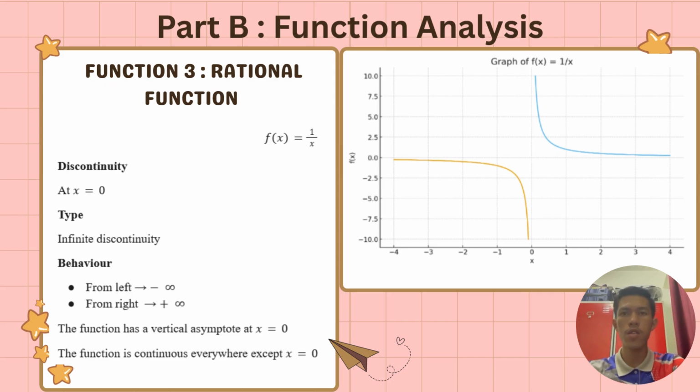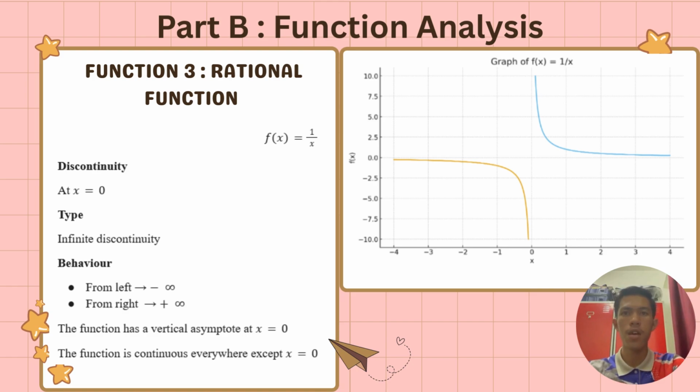An infinite discontinuity is characterized by the function's value shooting off toward positive or negative infinity as x approaches the point of discontinuity. Let's analyze the behavior of the function as we approach x = 0 from both sides, which is clearly shown on the graph.